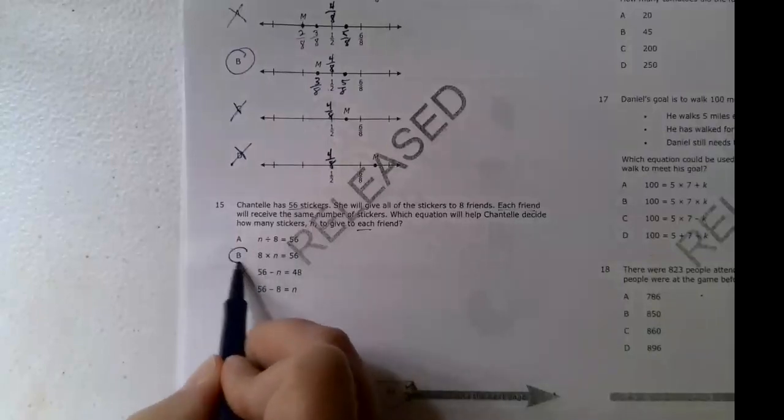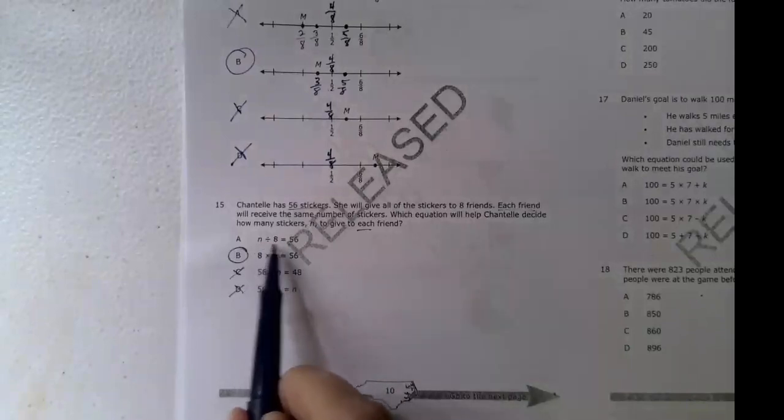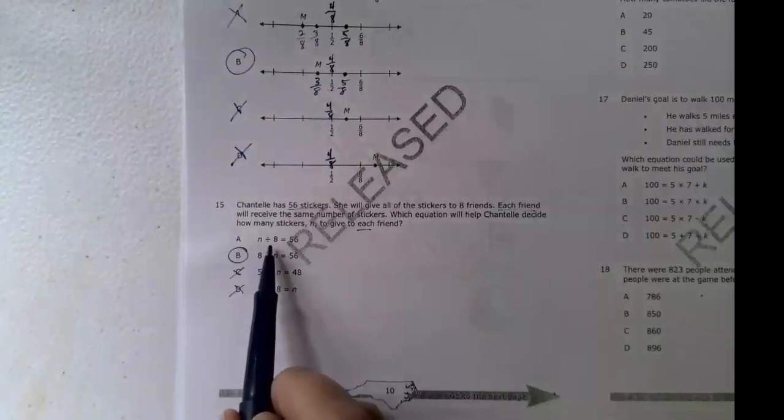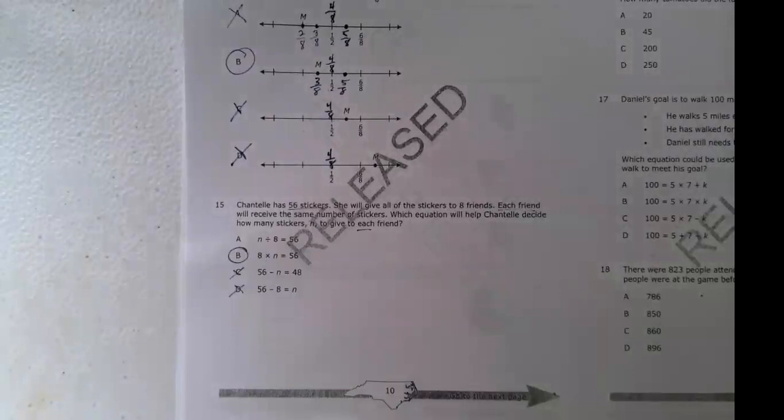Okay, so hopefully you thought to yourself, B makes more sense there, because the number each friend gets is going to be smaller than 56. So you don't want to take a smaller number, divide it, which means you're putting it into equal groups, and then wind up with a big number like 56. That's just not reasonable for this problem.